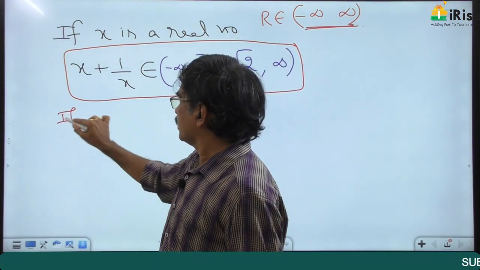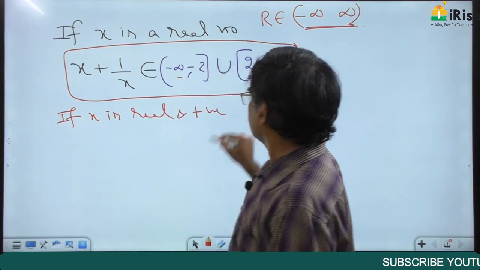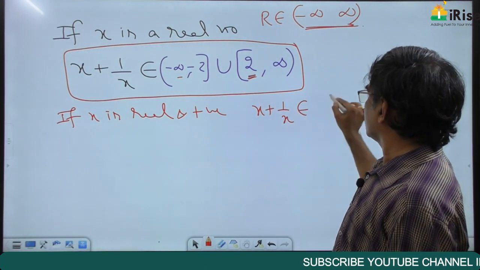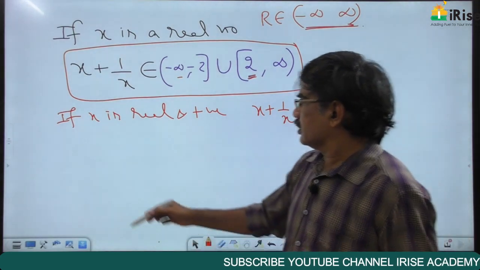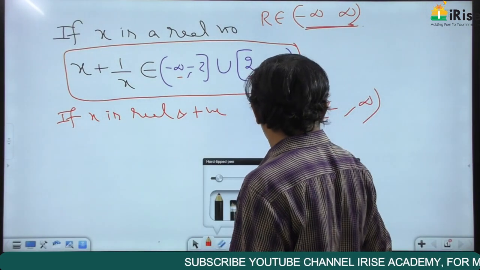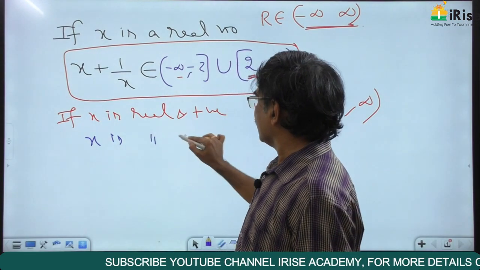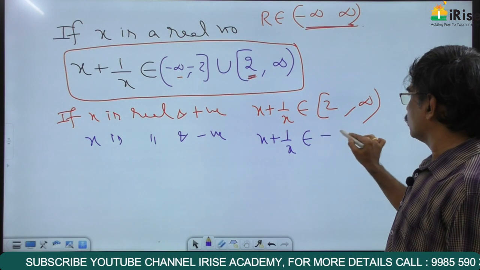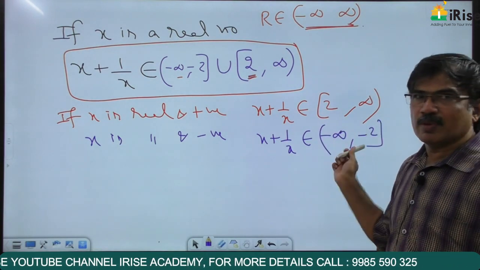If x is real and positive, then x plus 1 by x belongs to 2 to infinity. Second, if x is real and negative, then x plus 1 by x belongs to minus infinity to minus 2. The maximum is minus 2.